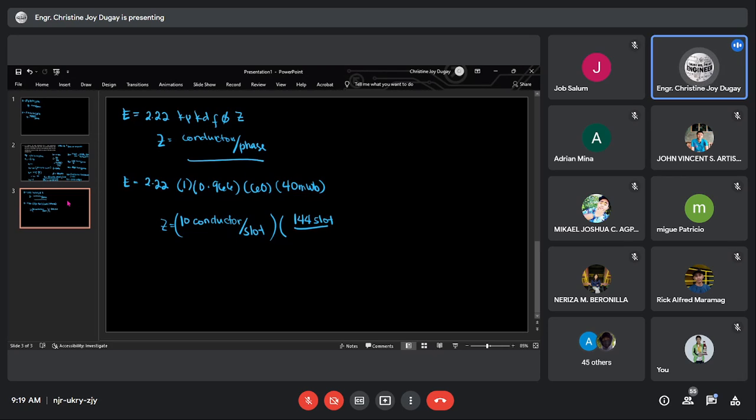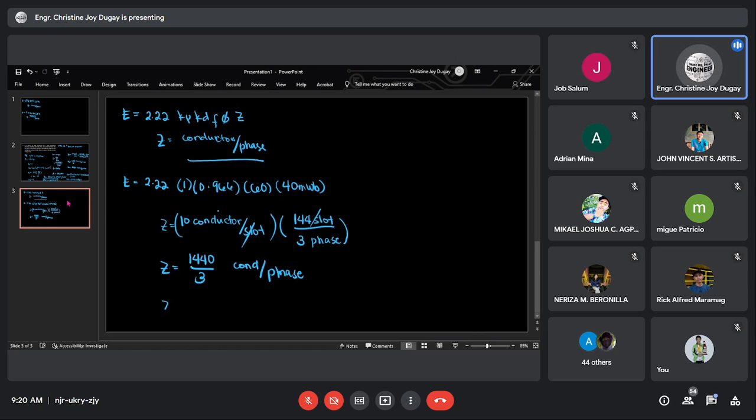Ilang phase daw yan? That is 3 phase. So, per phase, i-divide natin siya ng 3 phase. Ayan. So, matatanggal ang slot. Ang matitira na unit is conductor. So 10 times 144, that is 1,440. Divide nyo siya ng 3. That is conductors per phase already, no?